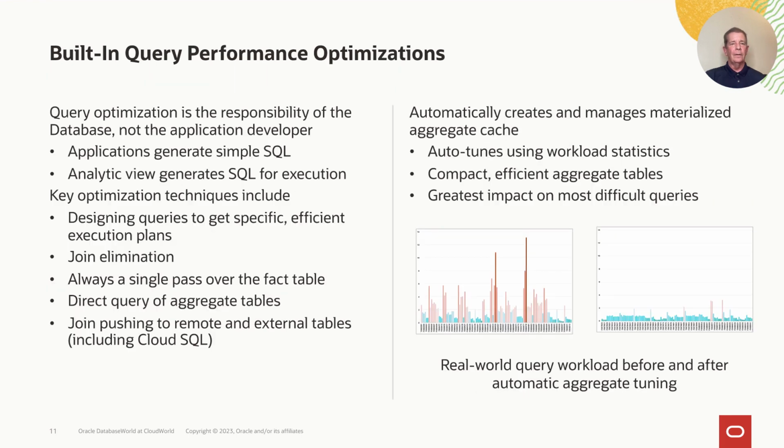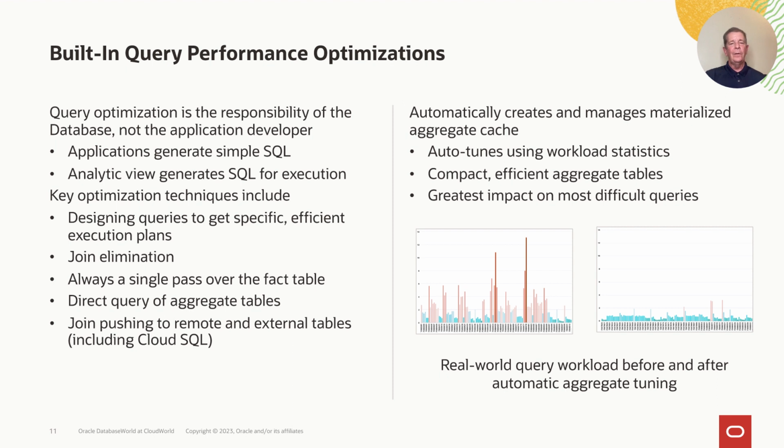And there's more, okay? Not only do you generate simple SQL and it generates the hard SQL, it does join eliminations, it knows what SQL plans it's looking to get out of the optimizer and writes SQL to target those. All the SQL is always single pass over the fact table. And then there's a feature called the materialized cache. This is really the ability to access one or more aggregate tables.